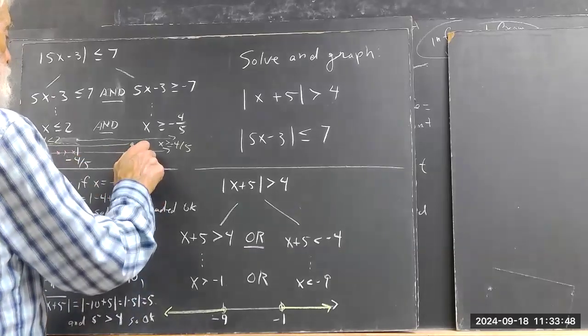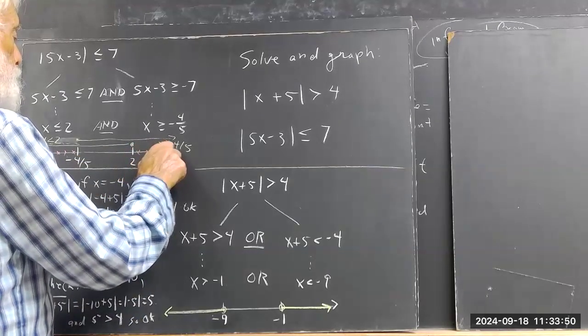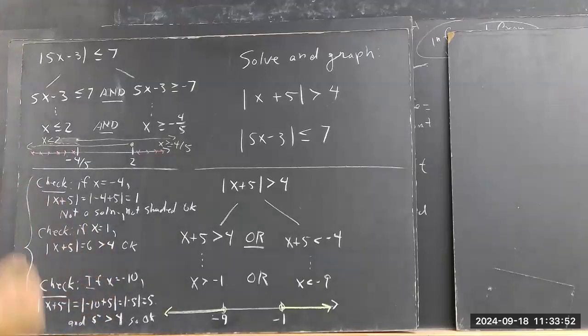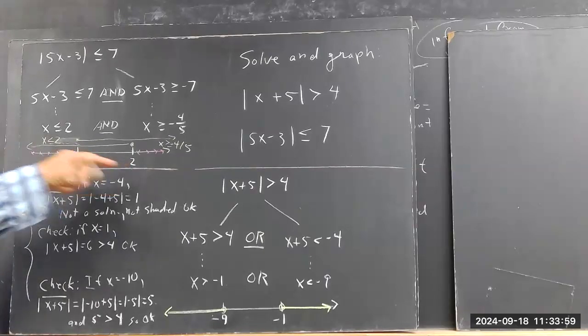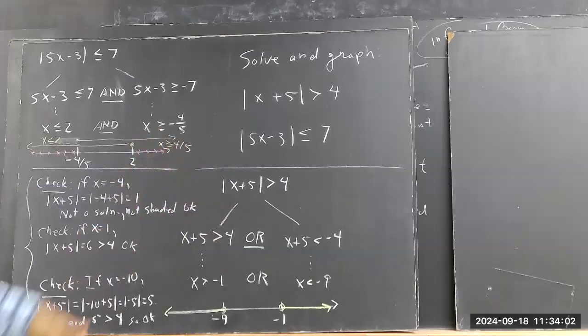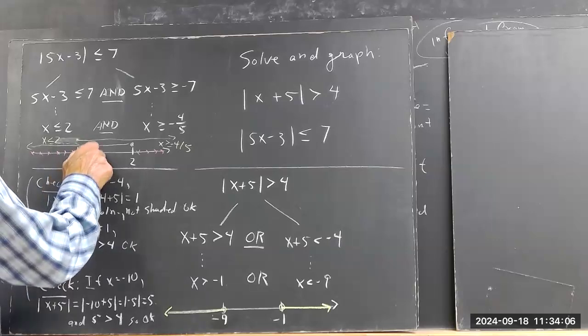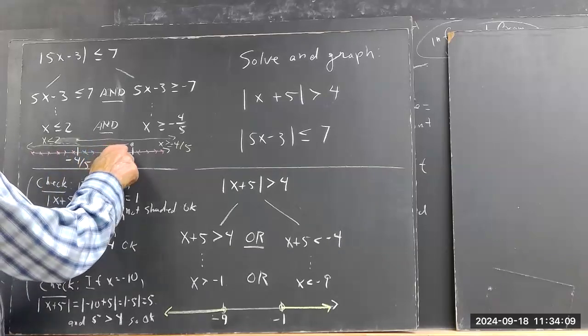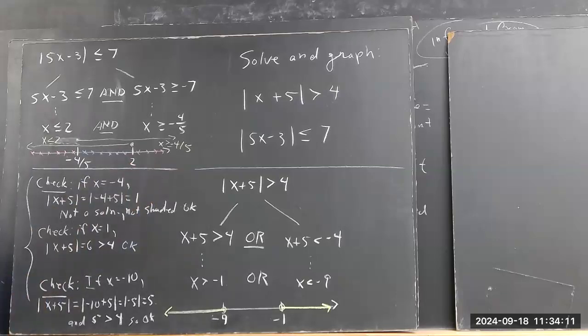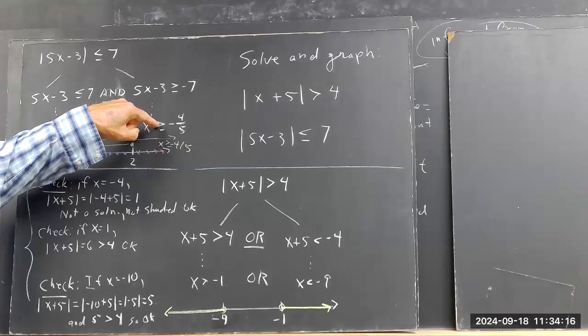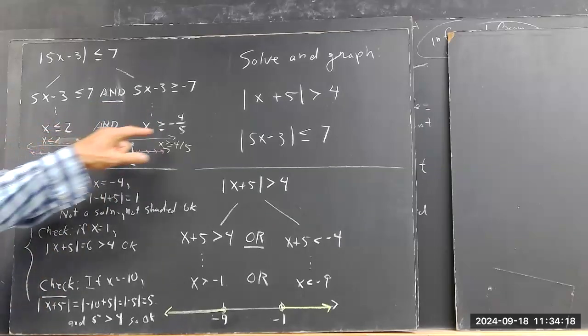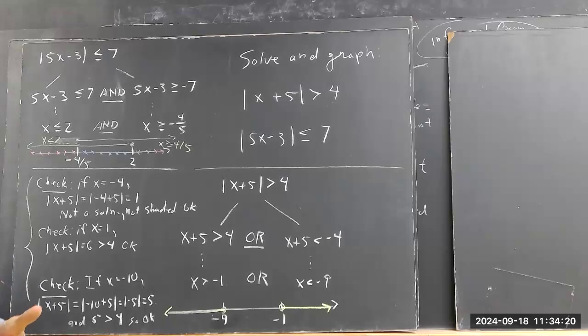Now, all the numbers over here are greater than or equal to -4/5, but they're not less than or equal to 2. So we can't include these numbers. What we can include are the ones in here, because all these numbers satisfy both conditions: this condition and this condition. If it was this condition or this condition, any number would work.